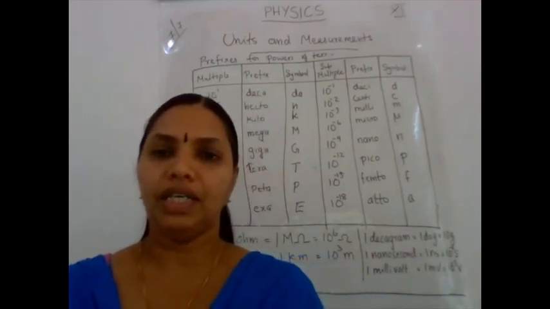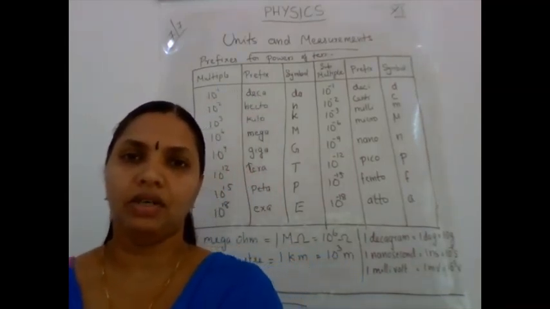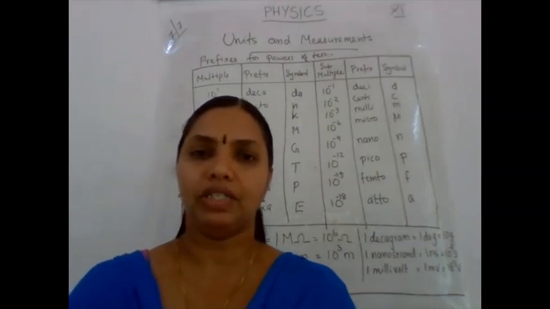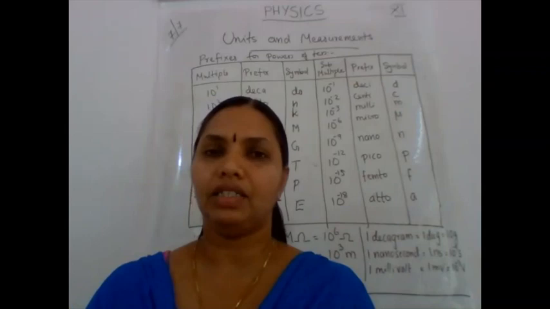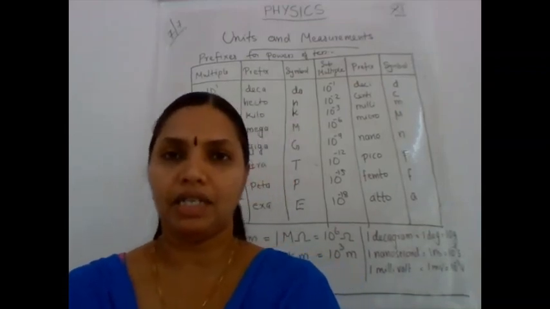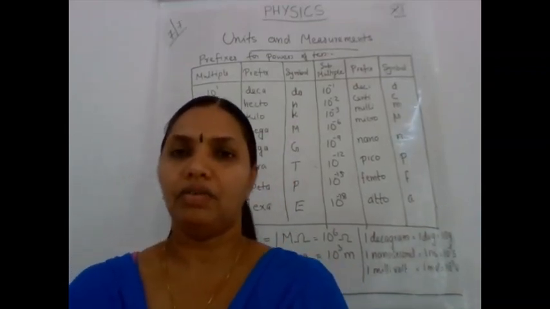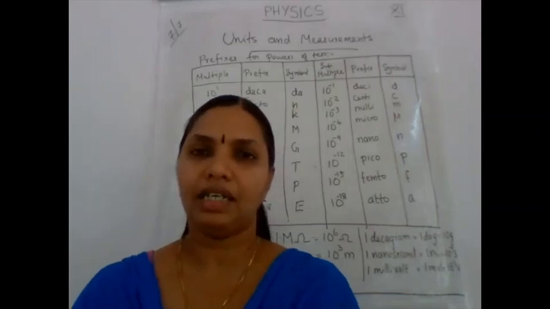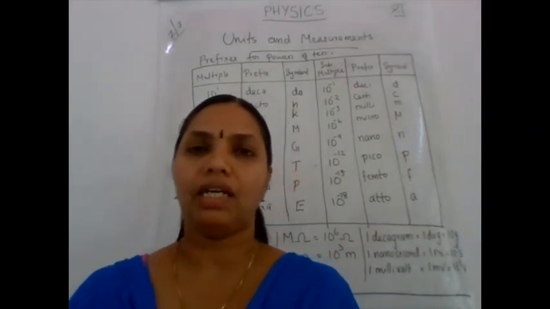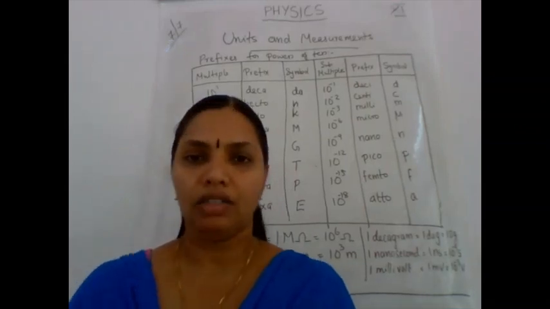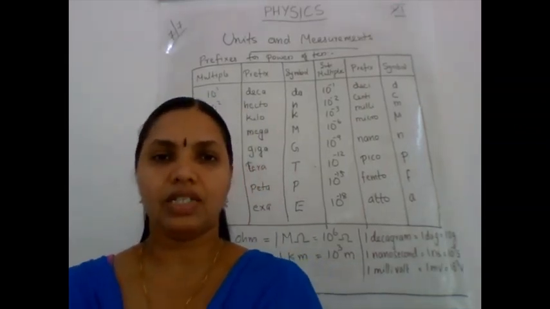All these things we discussed in the last class. And what is the relationship between the common unit and the range, that is, how can we represent Armstrong with a meter or light year with a meter, then mass with the kilogram, how can we relate. All these things we discussed in the last class.